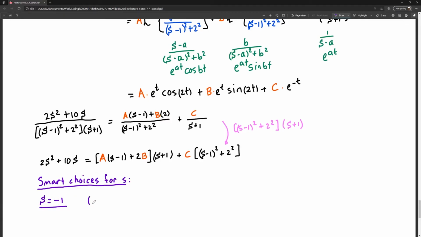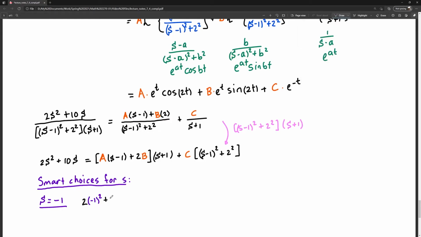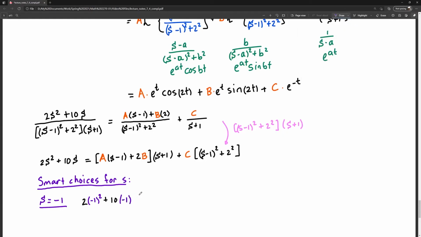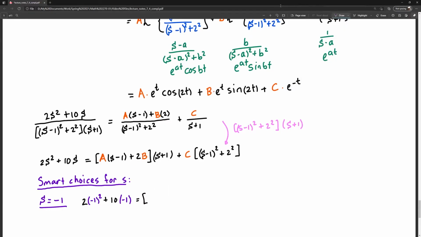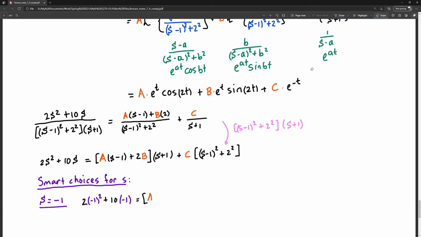So if we plug that in, we get -1 squared times 2 plus 10 times -1. And then on the right-hand side, we get a, well, actually, we don't have to write that part down, because when we choose s to be -1, this factor becomes 0, and so this whole term disappears.